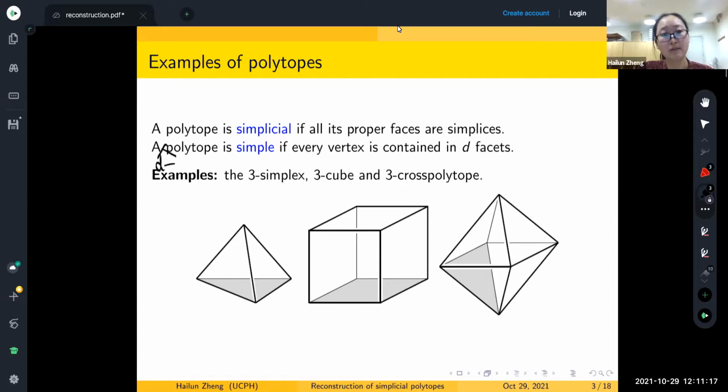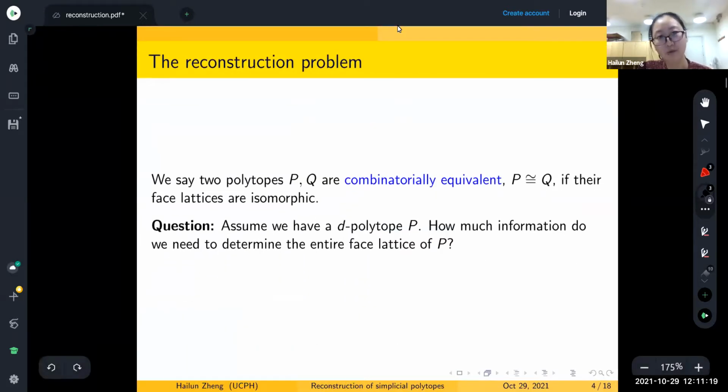All right. So now what we want to do is the following. We want to compare two different polytopes. As I said, you have two triangles, and they might have different shapes, but I don't want to distinguish these two polytopes by their geometric realization in the space, but rather by their combinatorial type. So that motivates the following definition.